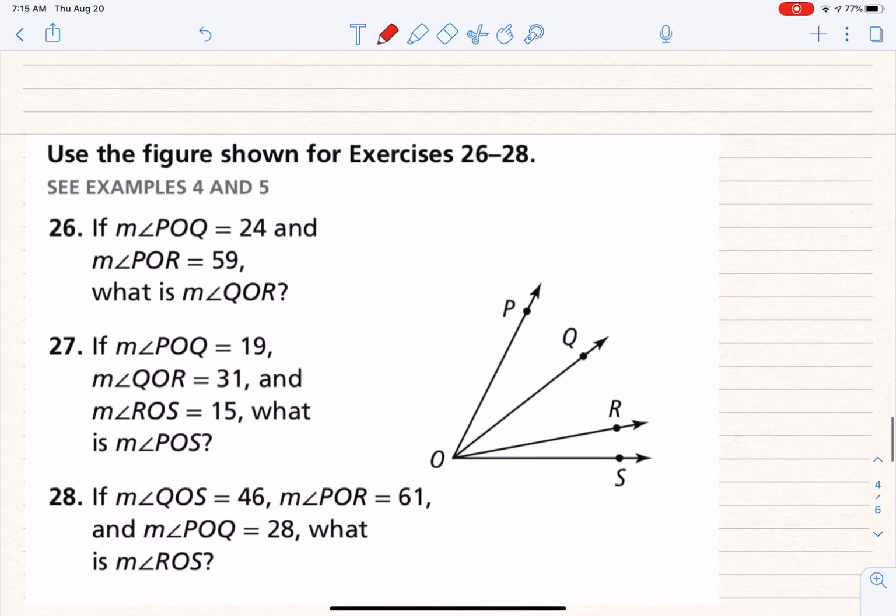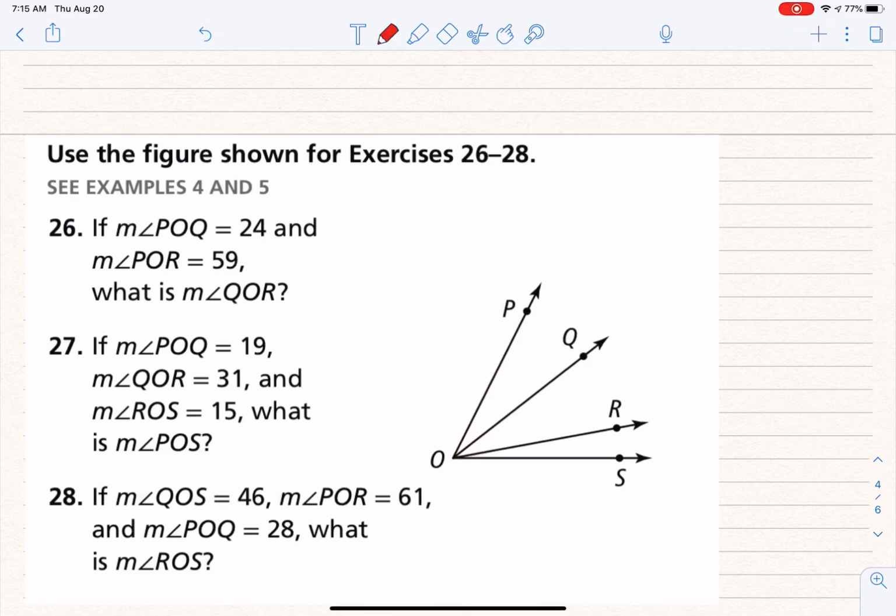Now look back and see what I'm talking about. I'm saying that if you know the size of this one and you add the size of this one, you're going to get the size of the whole thing. Those two parts add up to be the whole thing.